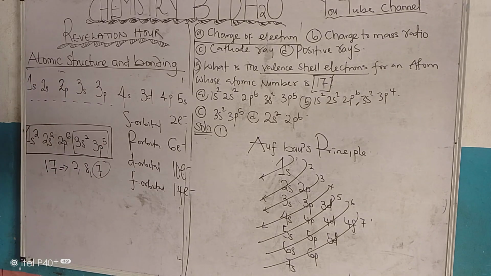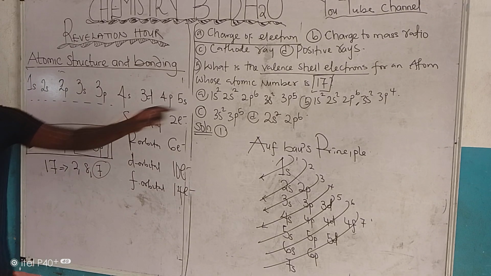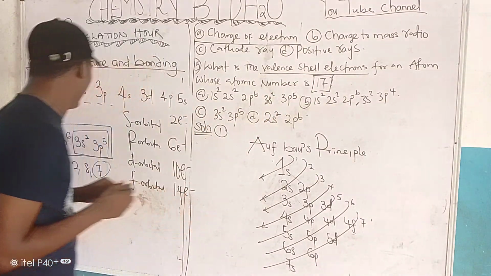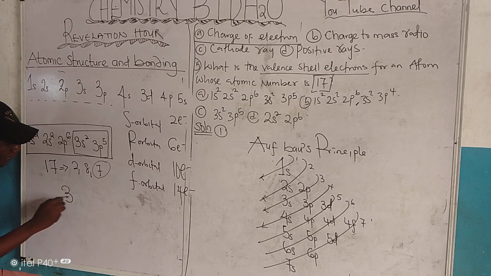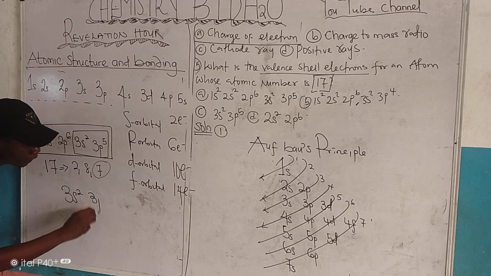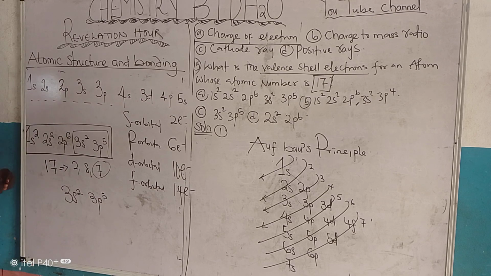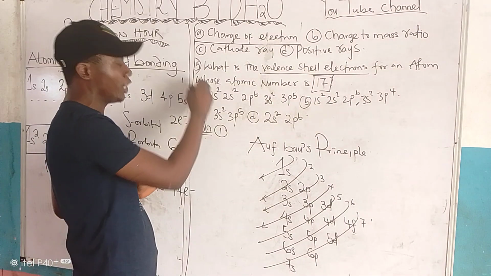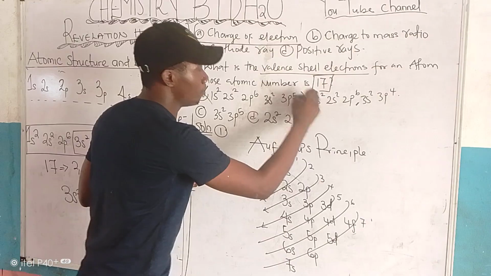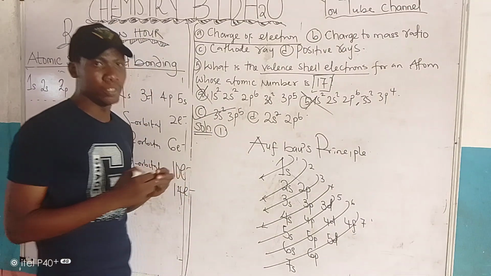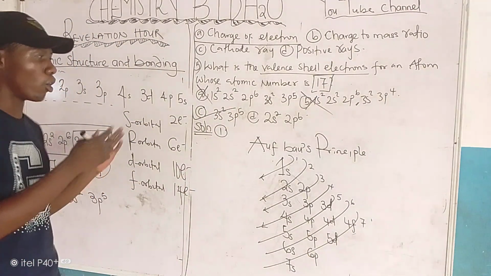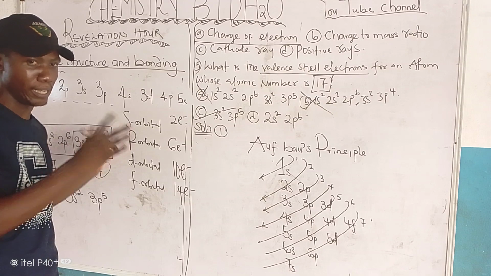So the valence shell electrons for an atom having 17 as atomic number will be 3s2 and 3p5. So the answer to this question is not A. It is not B. The answer is C. Now we are going to take more questions from other topics in chemistry.